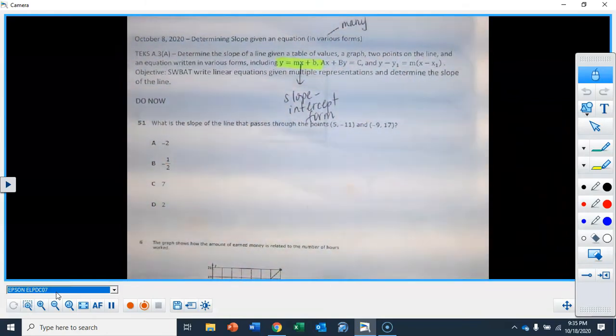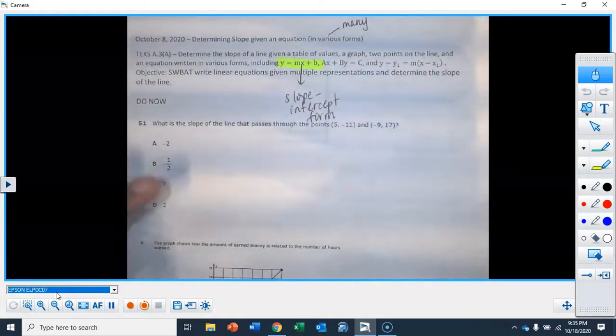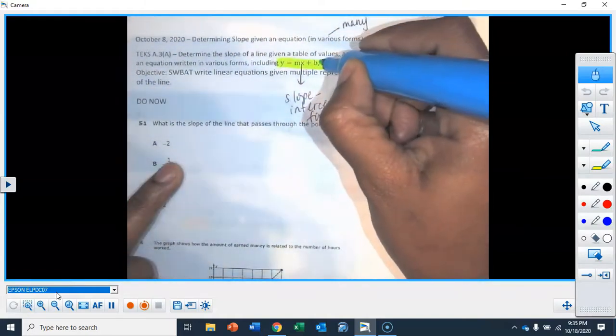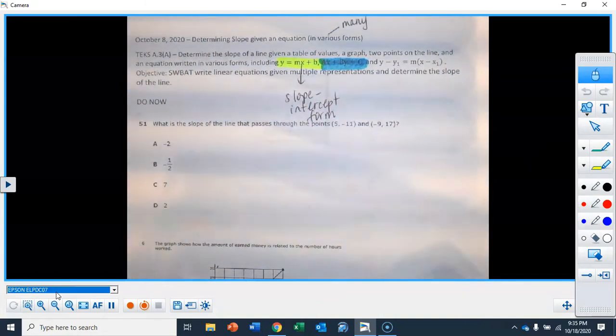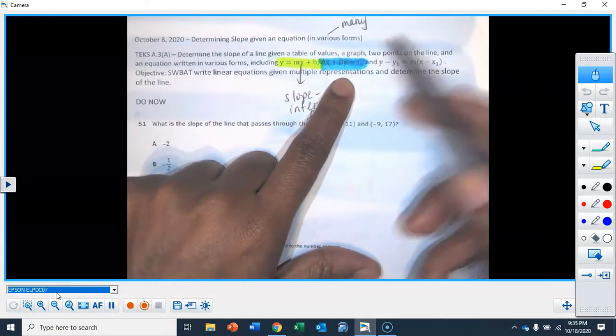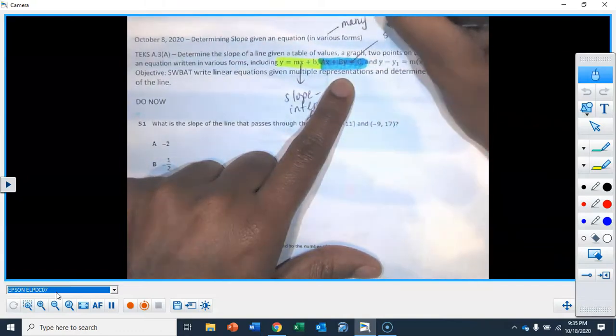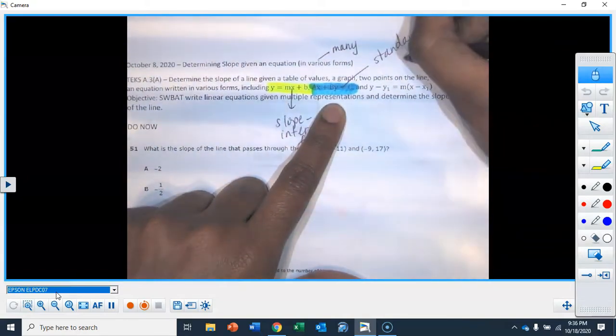If it's in ax plus by equals c, this is in standard form. So anytime you see a number with x plus or minus a number with y and then a number that's sitting all by itself on the right side of the equal sign, this one's in standard form. Okay, so write down standard form.